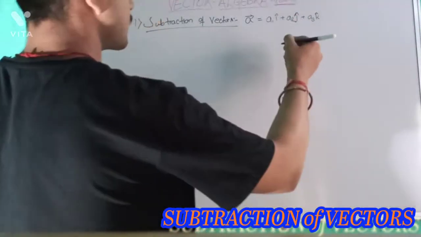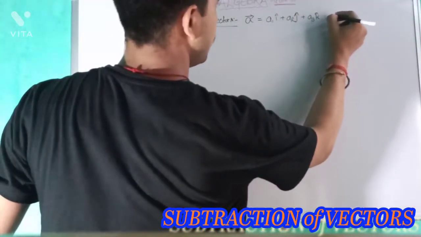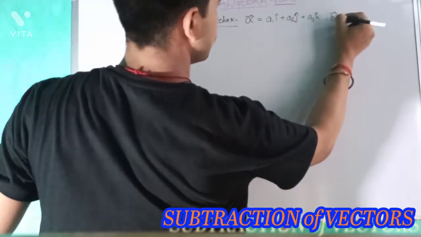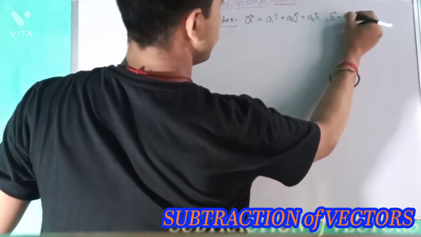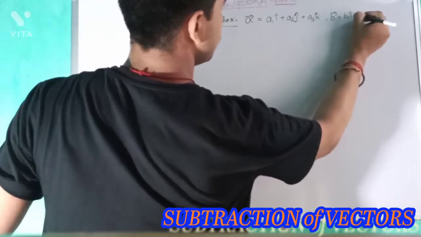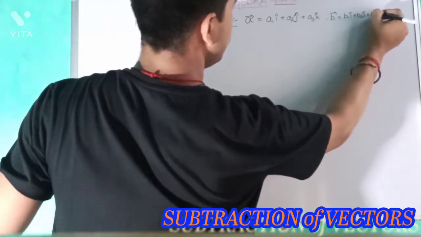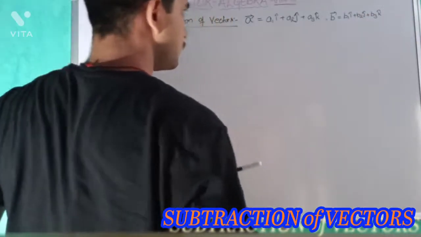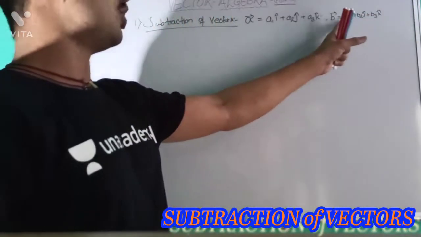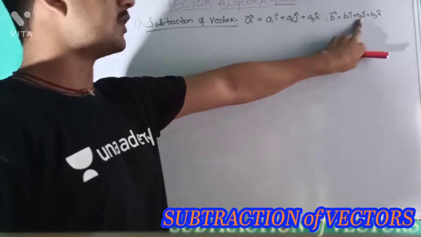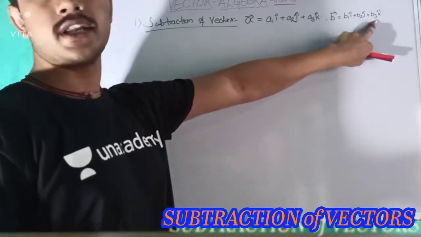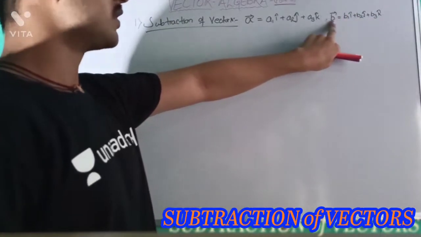Now coming to the second vector, b vector, and its components will be b1 i cap plus b2 j cap plus b3 k cap. Its x component is b1, y component is b2, and the z component is b3.